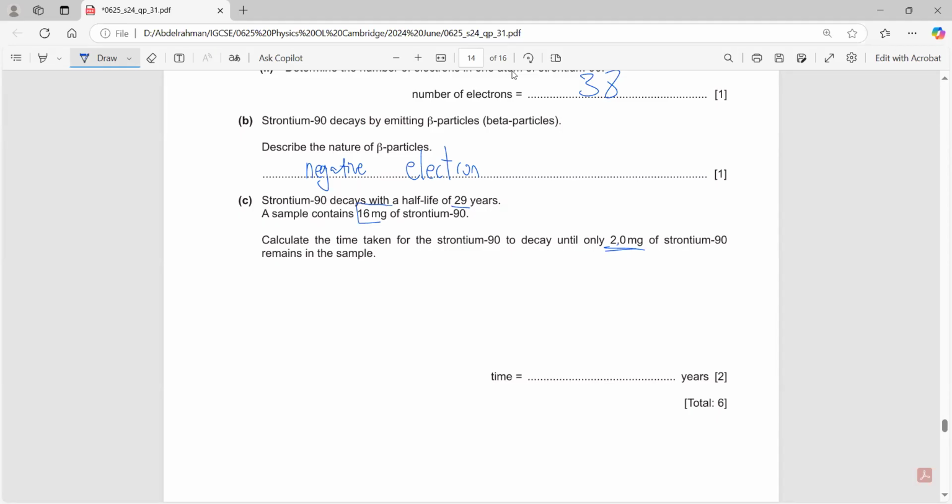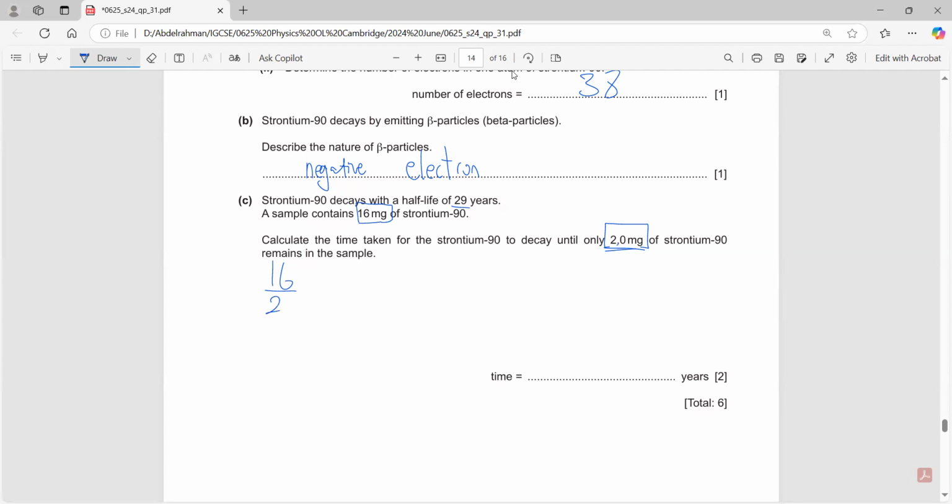You started off with 16 milligrams, and you want to reach 2 milligrams. How can I go from 16 to 2? You never minus. You divide by 2, because this is half-life.